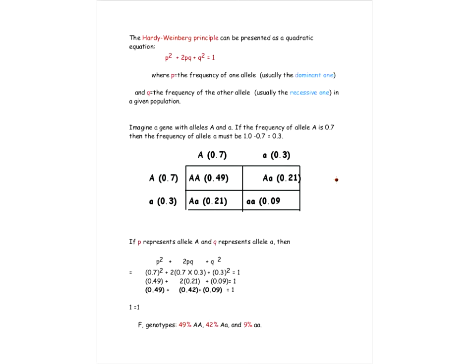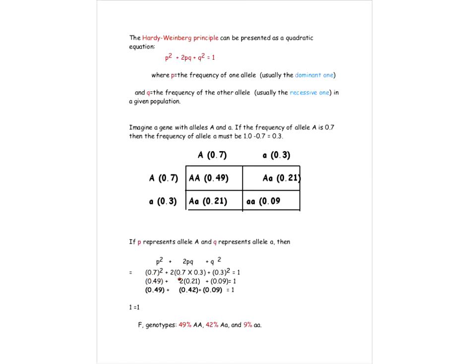So the way this plays out is if you look at those probabilities that we looked at, here's the formula: p squared plus 2pq plus q squared. Since we said the probability of one of the alleles was 0.7, that was a capital A, and we usually attach that to p, the dominant allele is p.